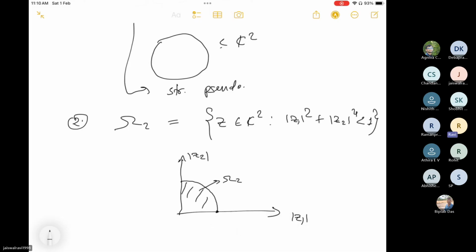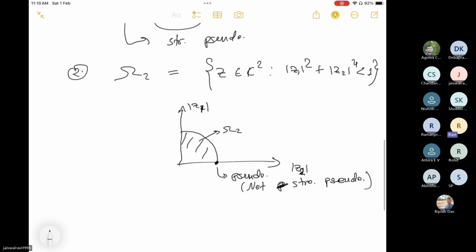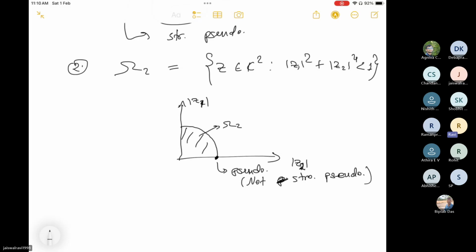Here you can check that this point is a point of pseudoconvexity, but this is not a point of strongly pseudoconvexity. You can check. So this is an example of a pseudoconvex domain, but it is not strongly pseudoconvex.